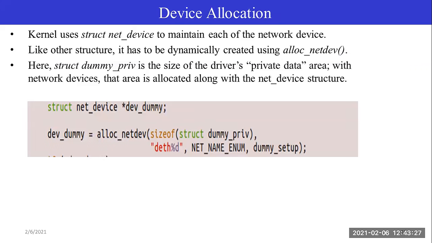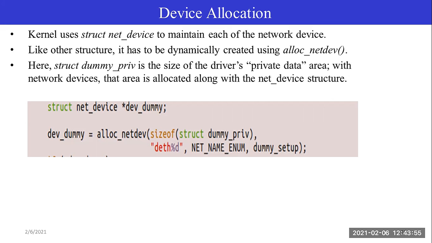So far we have understood that the major communication point between the network stack and the network driver is the interface. That has to be created and shared with the network stack. So the first step is to create that network interface.